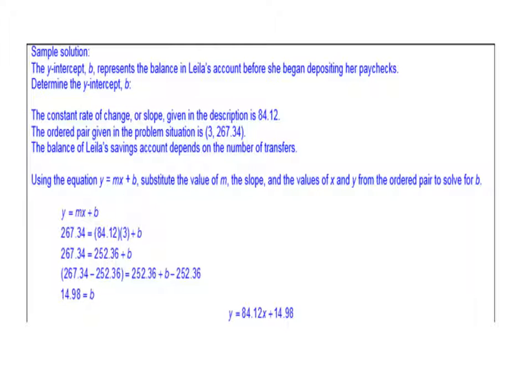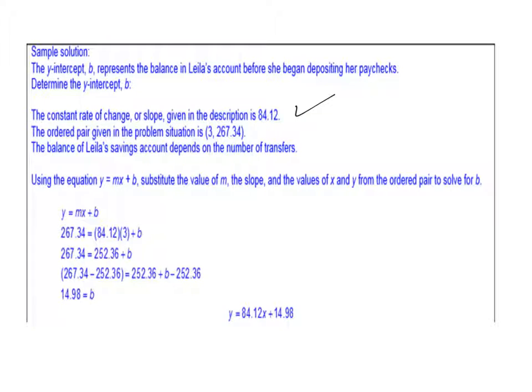Okay, so the y-intercept, which is B, represents the balance in her account before she began her savings. So we have to determine the y-intercept. The constant rate of change is, like we said, 84.12. So then we have a given ordered pair, 3 and 267.34. So again, we were right.